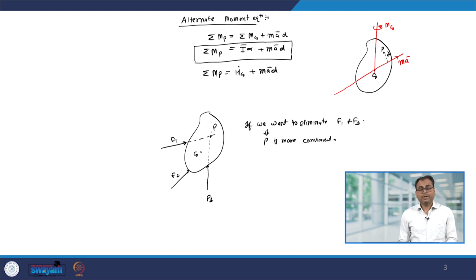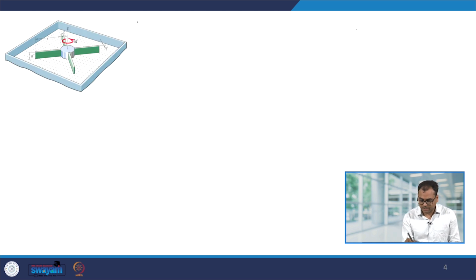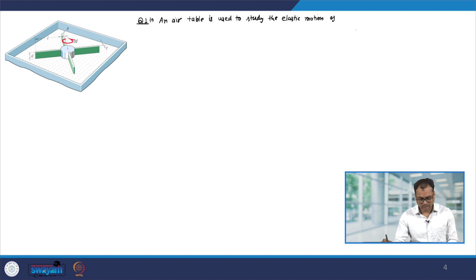Okay. Now, based on these concepts, let us look at some problems. The first problem statement is the following. An air table is used to study the elastic motion of a flexible spacecraft model.